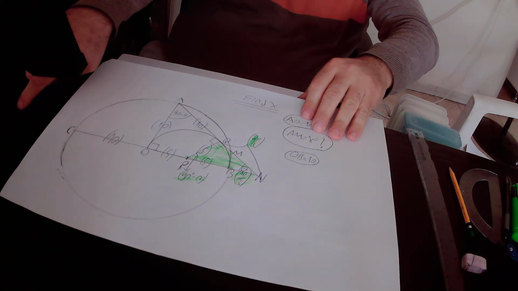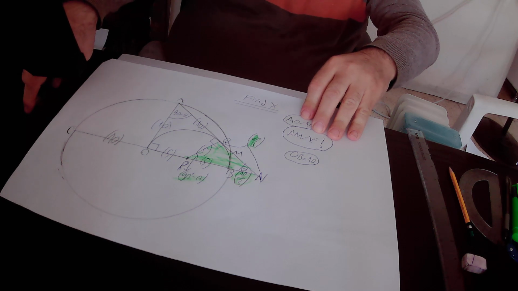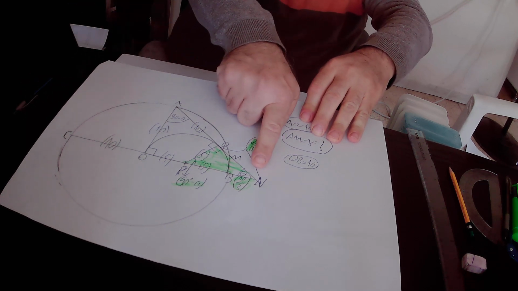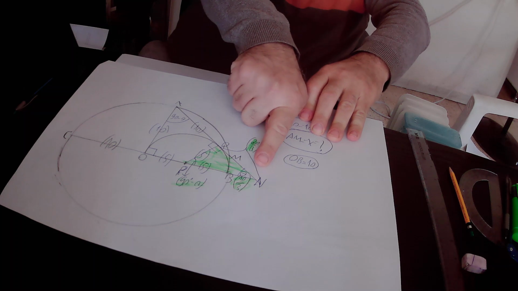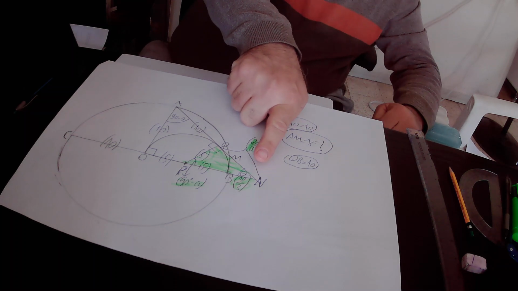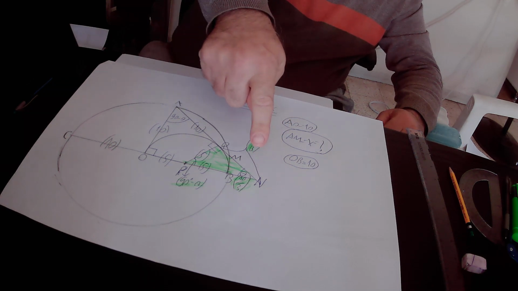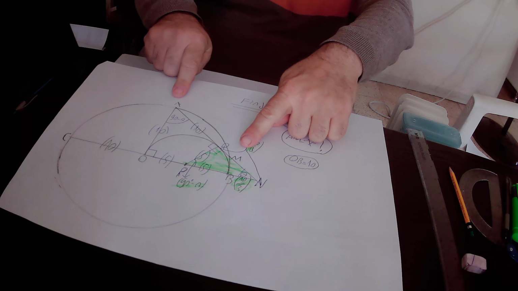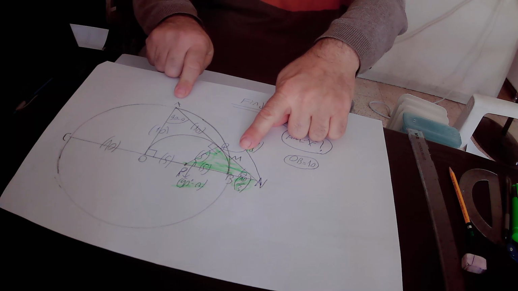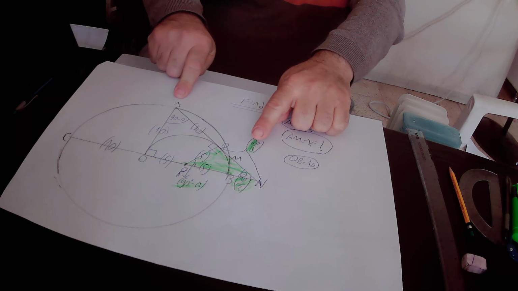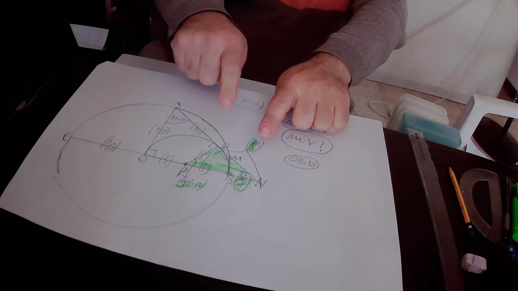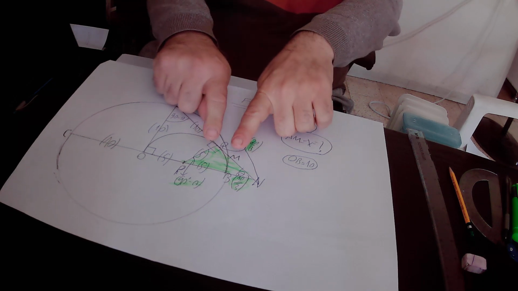Why? Because in our drawing we have the common external point, point N. From the common external point, point N, we have two chords inside this circle, chord MA and the second chord from the same common external point, point N, is chord BC.